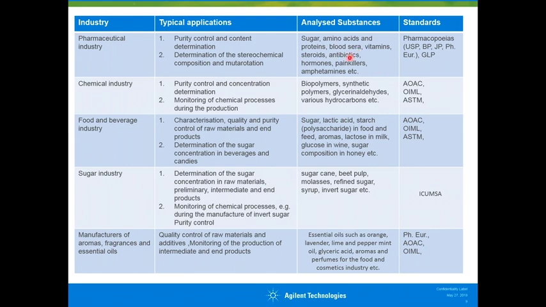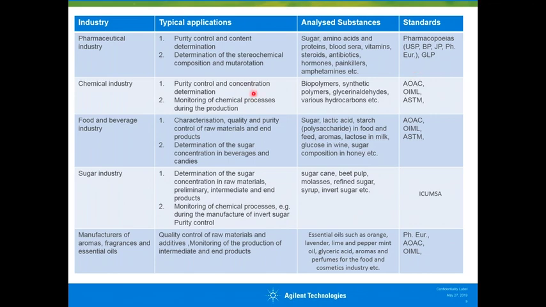Commonly analyzed substances in the pharmaceutical industry would be sugars, amino acids, vitamins, steroids, antibiotics, painkillers, amphetamines, etc. The US Pharmacopoeia, BP, JP, these are the governing authorities that publish the methods that provide the standards of the pass-fail criteria, the system suitability conditions, etc.